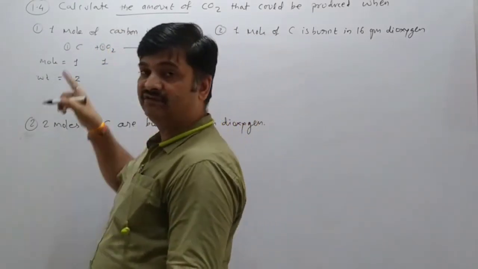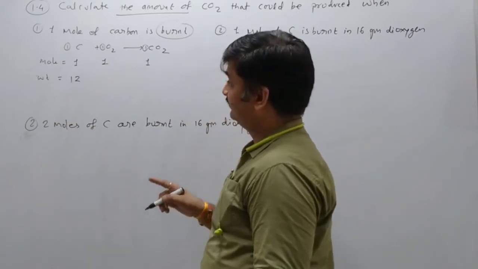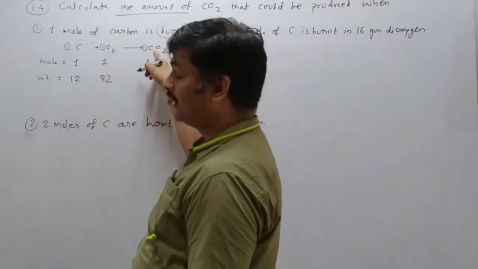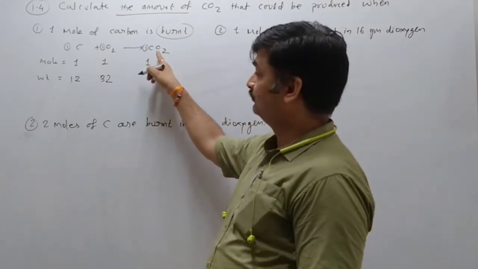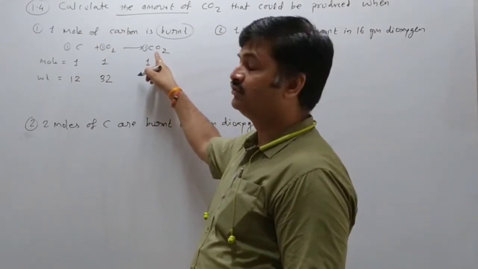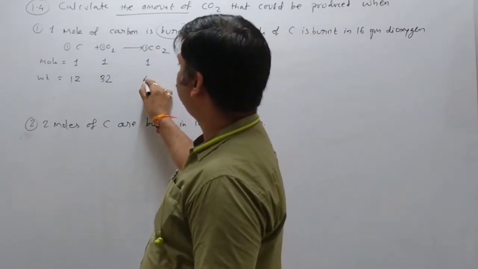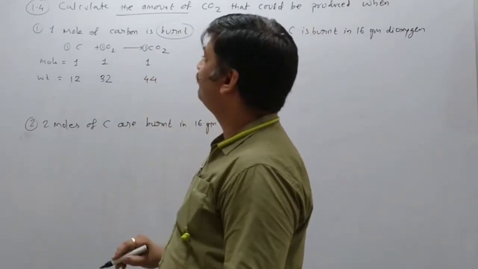The weight of 1 oxygen is 16, so 16 into 2 is 32, plus 12, here 44 gram will come.